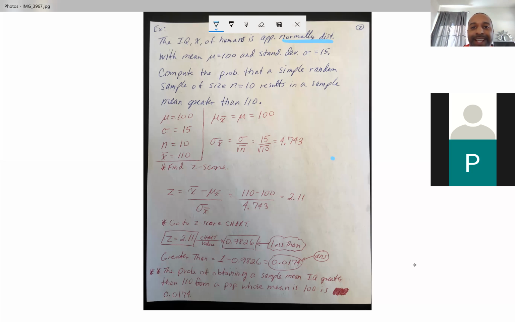Compute the probability that the simple random sample size of n equal to 10 results in a sample mean greater than 110. All right, so we're starting here with the given information. I'll let you guys write that first before we start with this discussion.